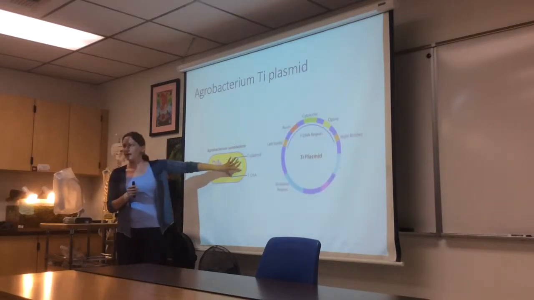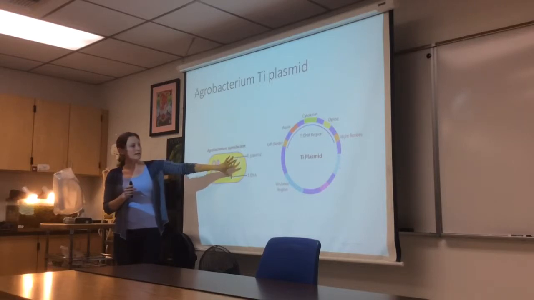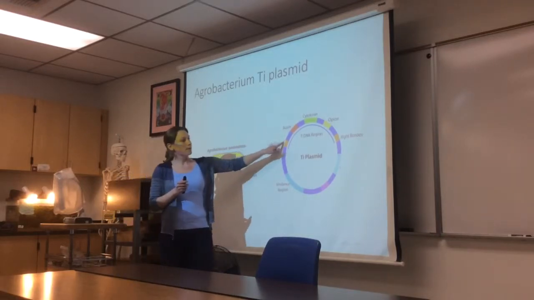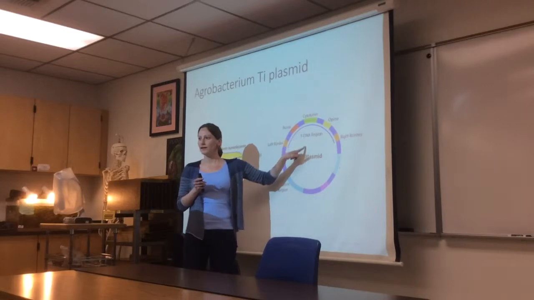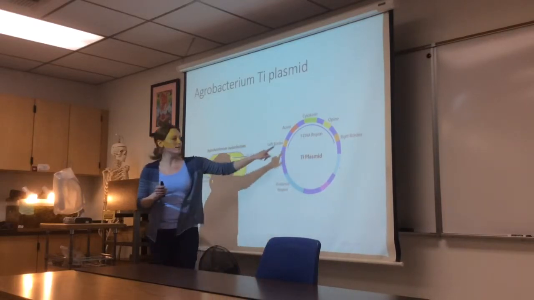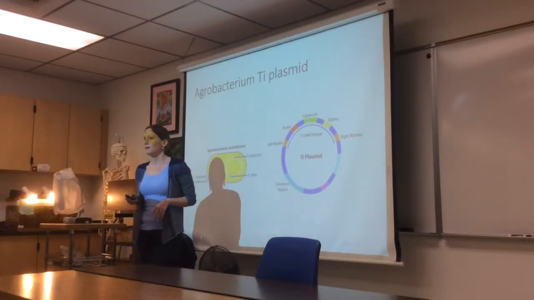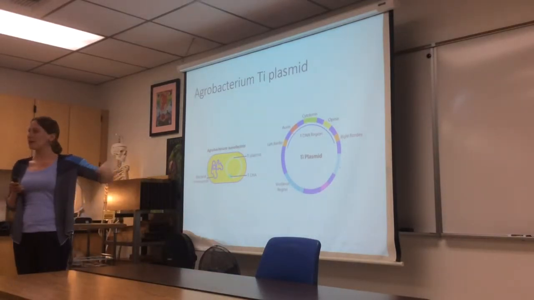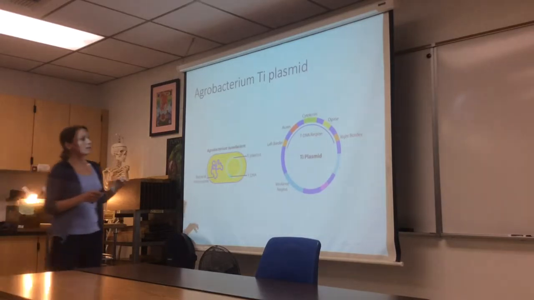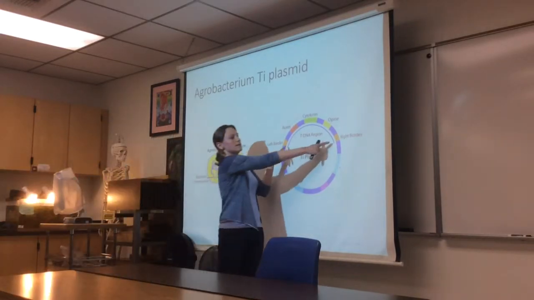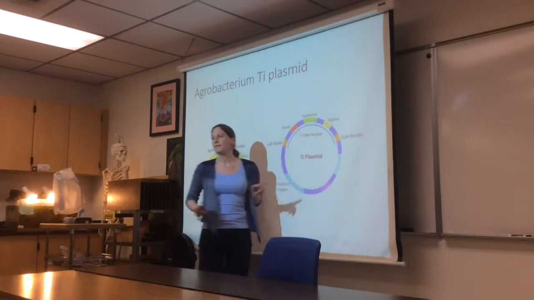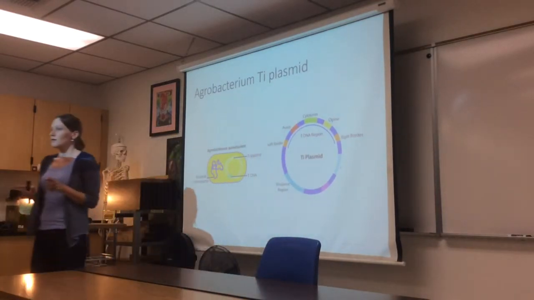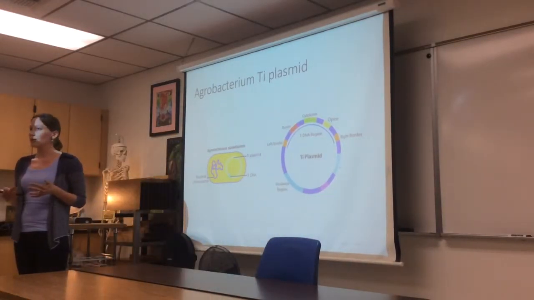So taking a closer look at this extra chromosomal DNA, the plasmid, we have this region here, the tDNA, that gets transformed into the plant, and then the rest of the plasmid that is there to help get that piece of DNA out of the bacteria into the plant and into the genome. So what we really want to focus on here is this area between the left and the right borders, because that's actually what's going into the plant.